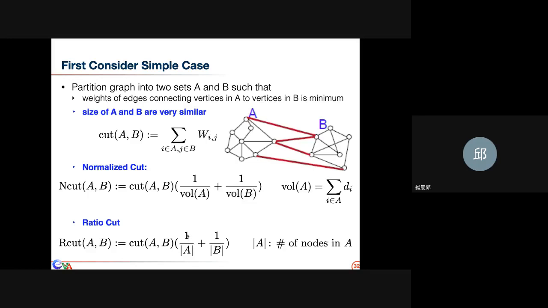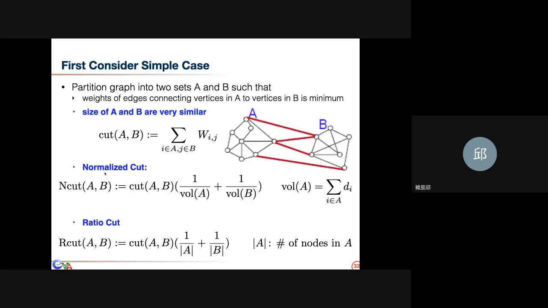Okay, and now let's take the normalized cut as our main target to continue introducing the basic idea behind spectral clustering.